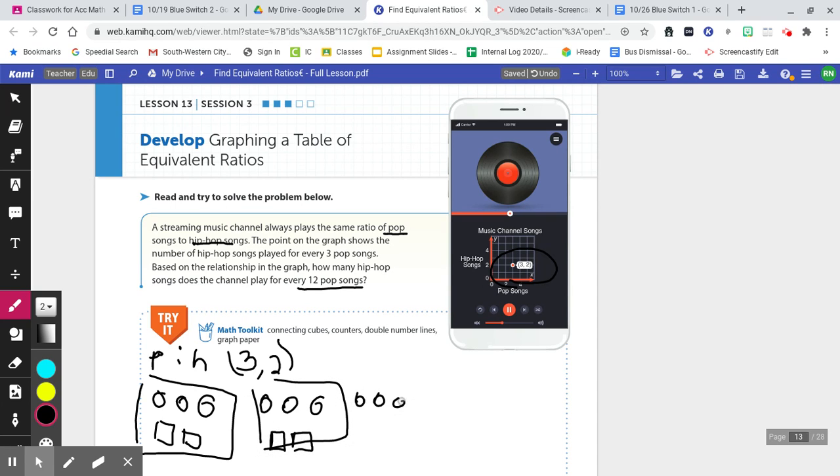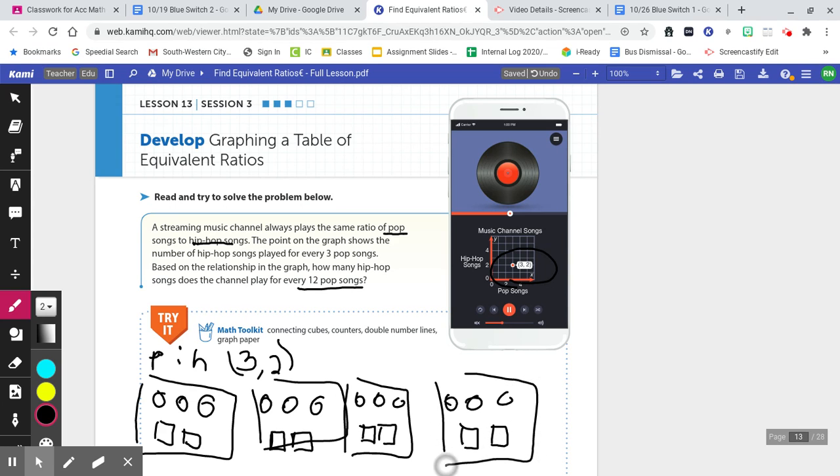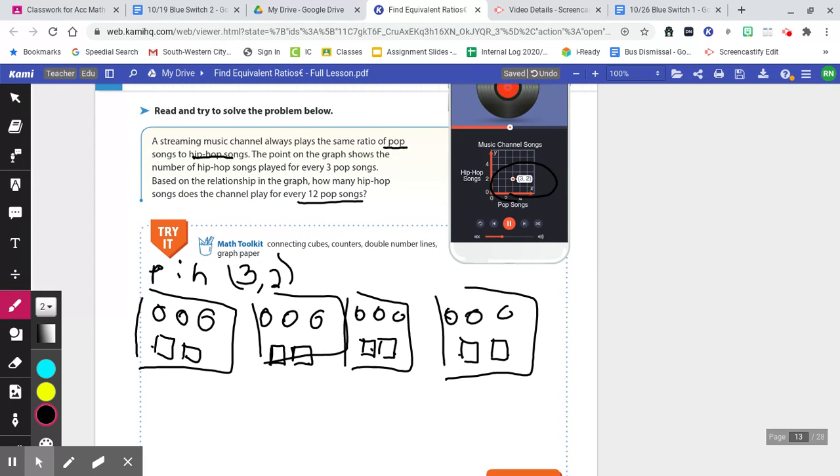It's an easy visual representation of this ratio. And it's easy to see that the music channel plays 8 hip-hop songs. 1, 2, 3, 4, 5, 6, 7, 8 hip-hop songs for every 12 pop songs.